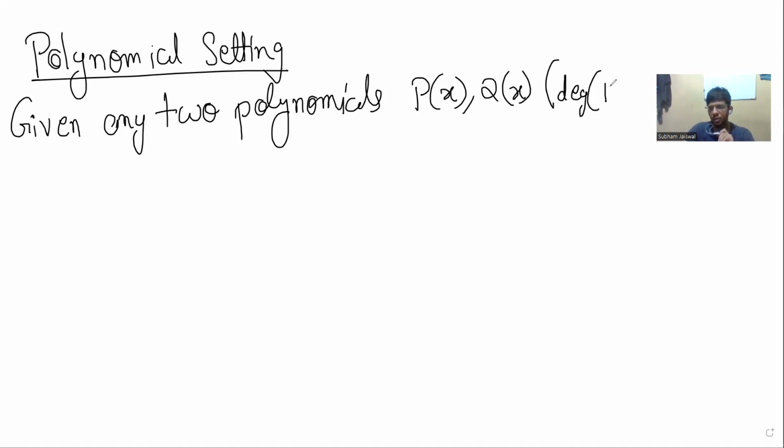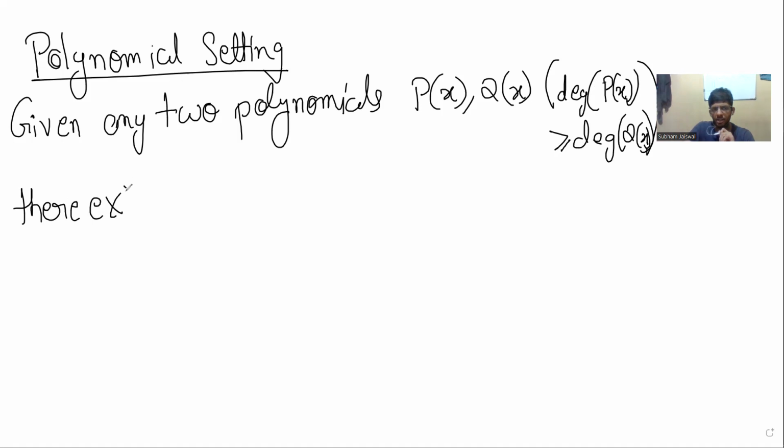Let's assume that the degree is the way to compare, right? Earlier it was just a number, but now we are looking at the degree. Degree of p(x) is more than, or it could also be equal, not a problem. Degree of p(x) is greater than or equal to degree of q(x). We would like to say again that you could divide and you have a remainder.